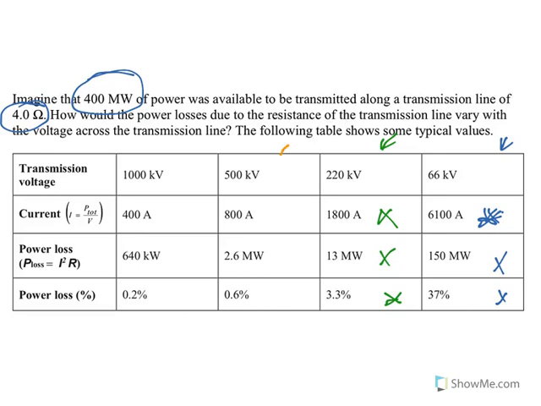If we then go to 500 kilovolts, so 500,000 volts, more significant drop in the current, drop in the amount of power loss, and now only 0.6%. If we then double that and go to 1,000 kilovolts, current drops by half, the power loss drops, and the percentage is at 0.2.